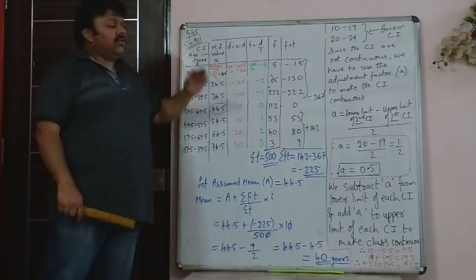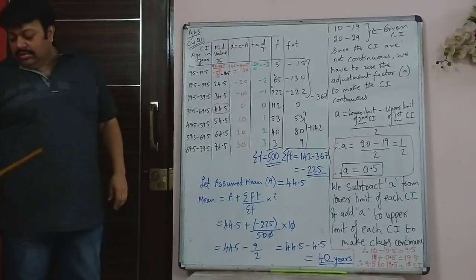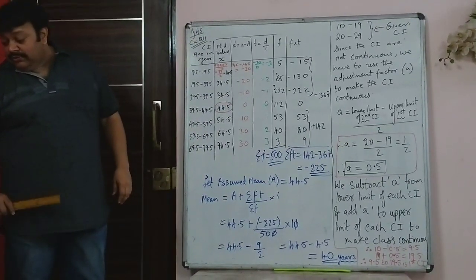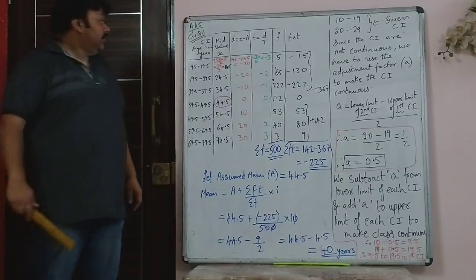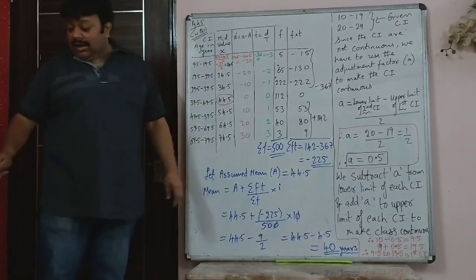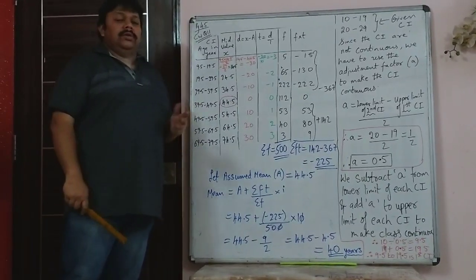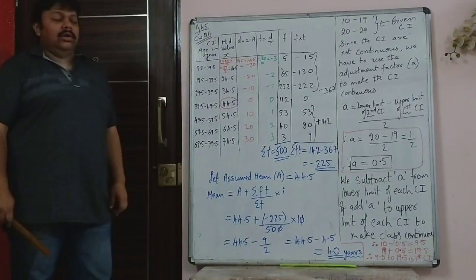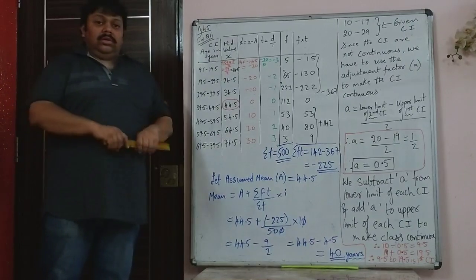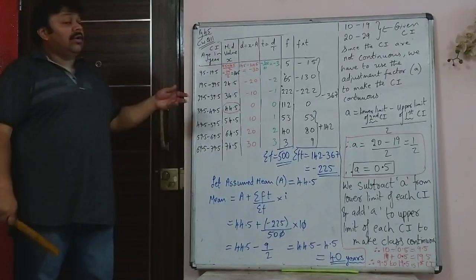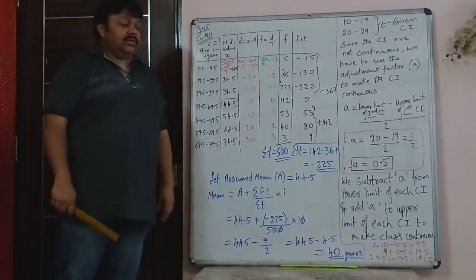See, now if you see question number 11, classwork on page 45, you will find that the class interval is not continuous. Last year in statistics you had learned about continuous, inclusive and exclusive classes.